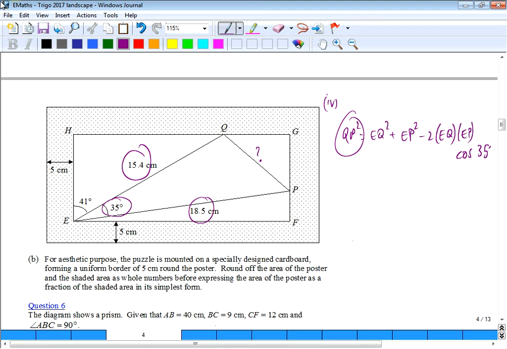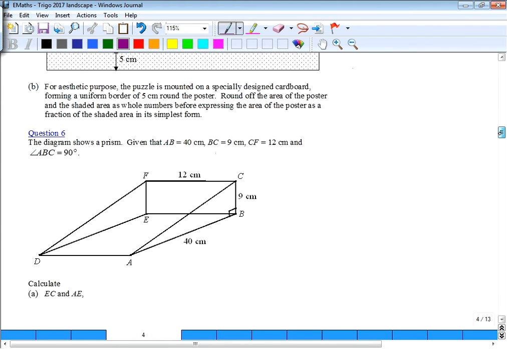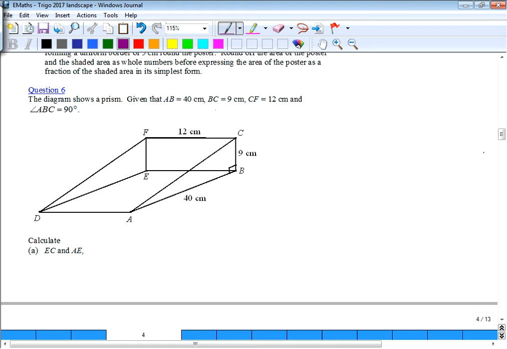Now part B. Who needs help for part B? Okay. Question 6. A. Six A. 6B. Colin, do you need help with 6B?